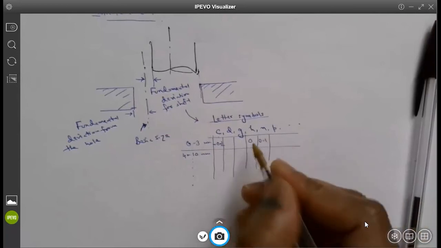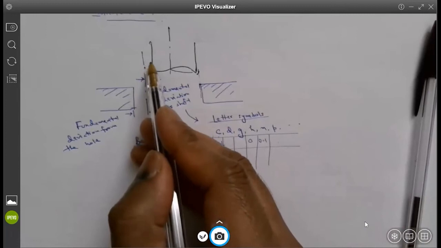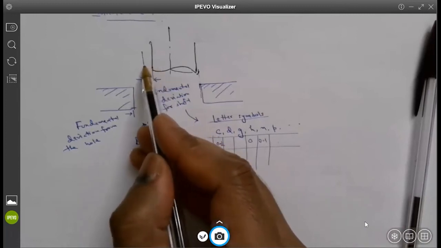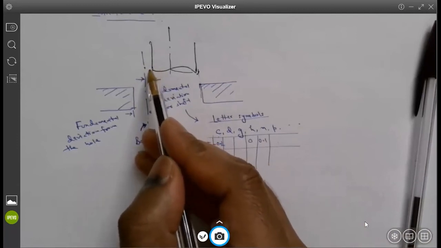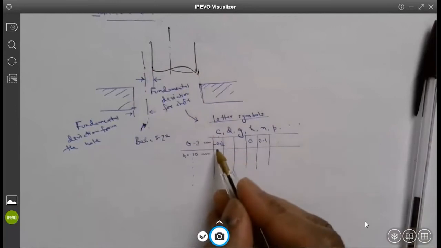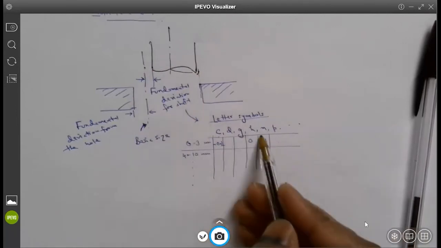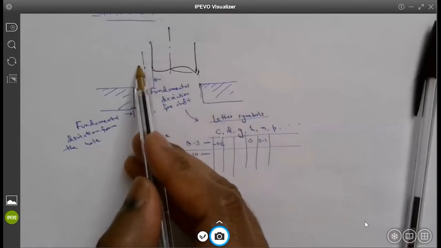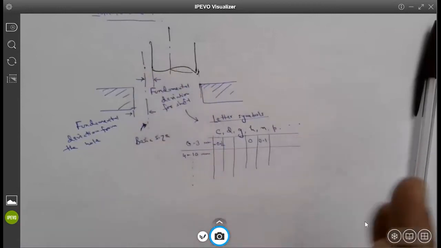Negative basically means the shaft has a deviation in this direction, that is, the shaft has a diameter less than the basic size. Positive means that if I have a symbol N, then the shaft has a diameter bigger than the basic size.